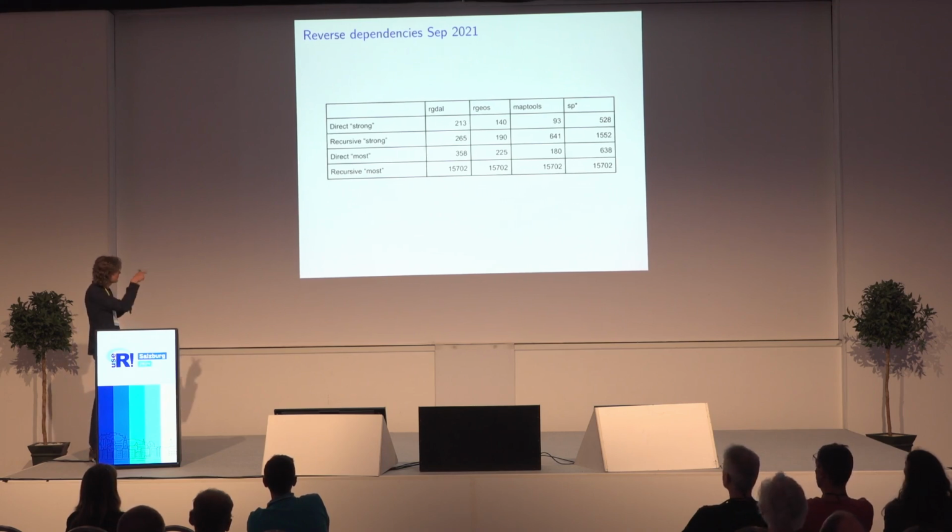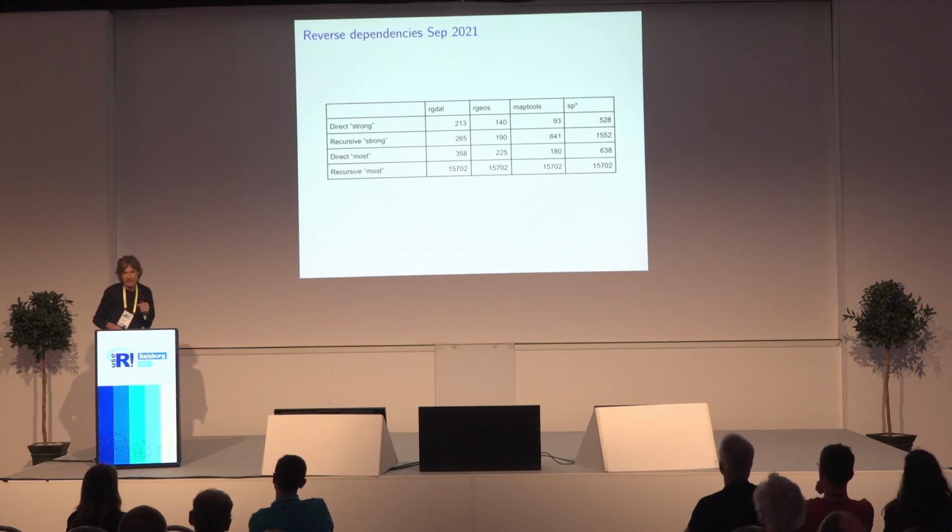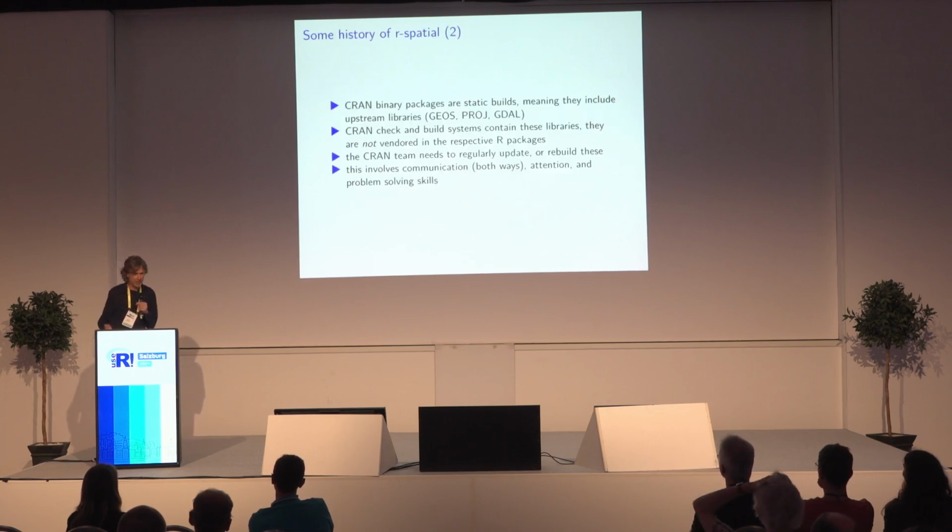Then we have recursive strong, which means packages that require RGDAL, first or higher level dependencies in the strong context. For instance, packages that would use raster, and raster would then import RGDAL. And we have recursive most, and there you see that this is September 21. This is kind of all of CRAN. If you go through that, that is a kind of useless number, but it's nevertheless there.